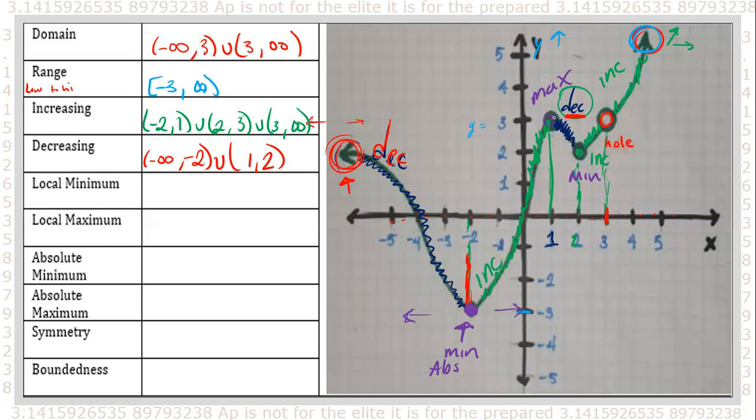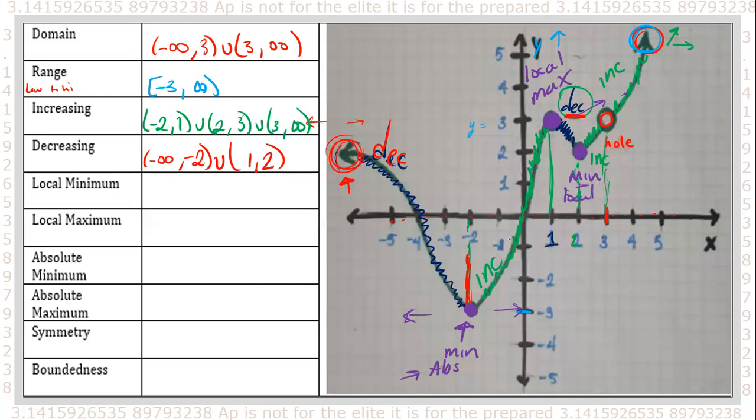Let's look at this max right here. Is there a function higher than this? Well, you can probably see that these points are all higher than this max. So this is a local max. Same thing goes for this minimum right here. It is a minimum, but notice how this minimum over here that we said was absolute is way lower. So this one is just going to be a local min.